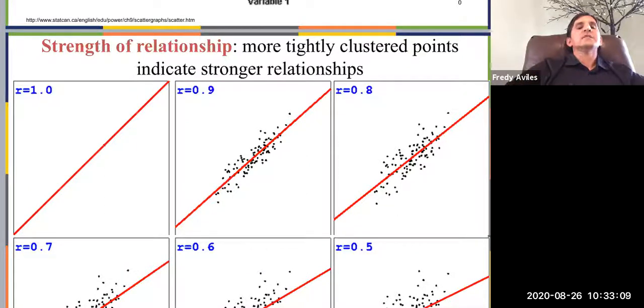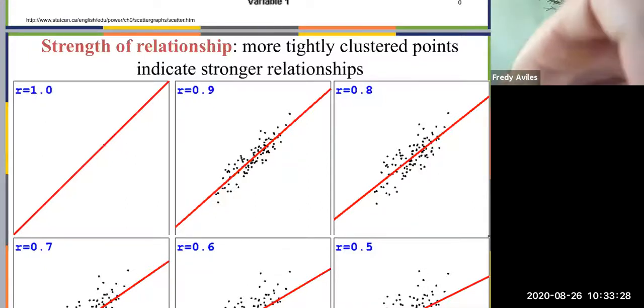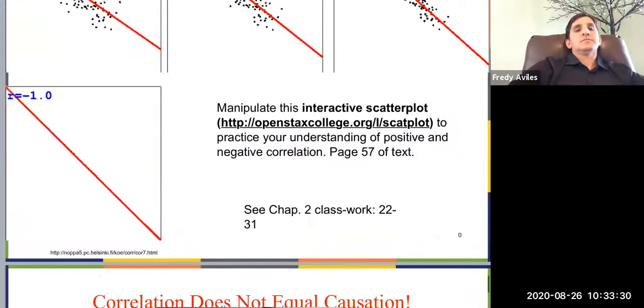That would mean that if I know how much you weigh, I can predict with 100% accuracy how long you're going to live. But in this case, since the relationship is positive, it would mean that the more you weigh, the longer you're going to live. If the relationship is negative, that means the more you weigh, the less you're going to live.